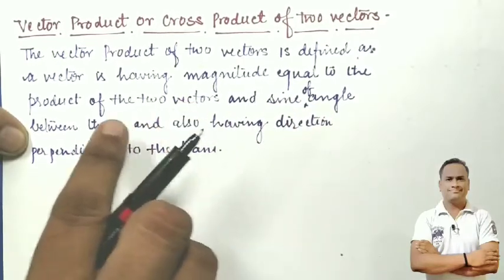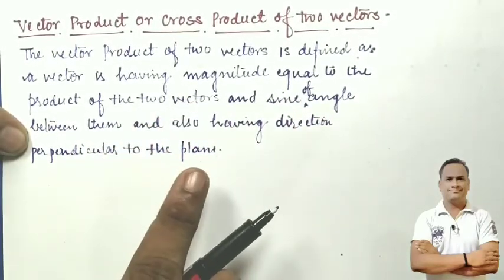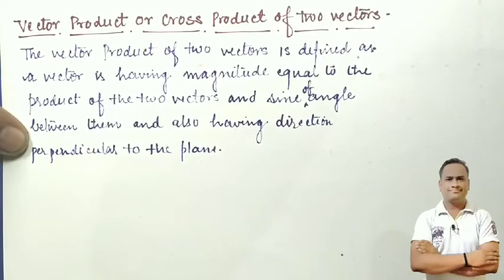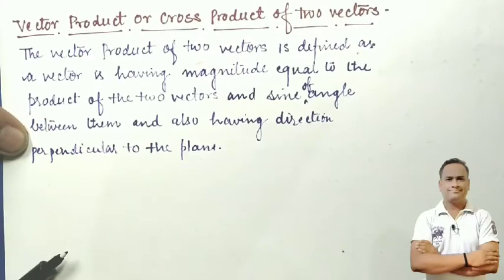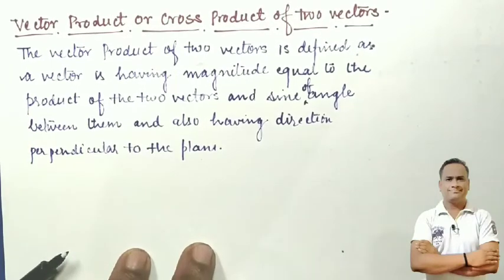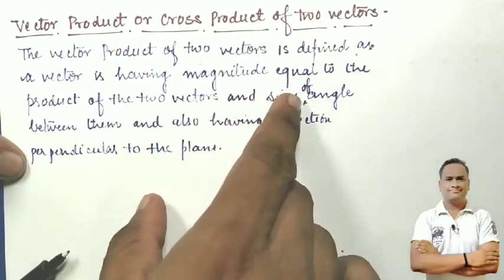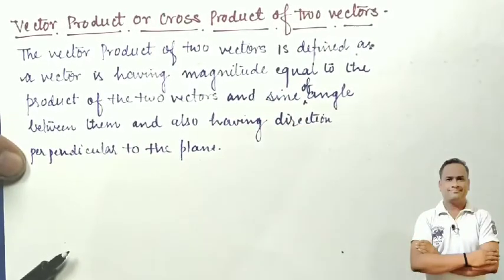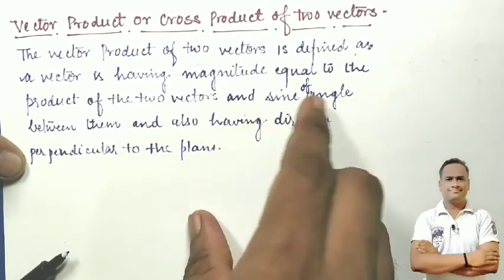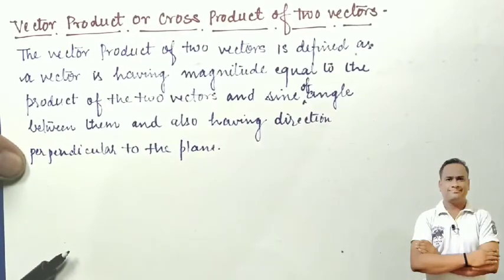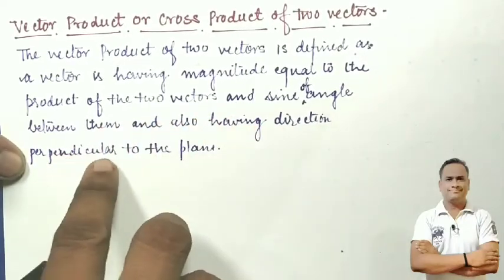When we take the sine component of a vector, we know that there are two rectangular components of a vector, cosine and sine. We take cosine in the horizontal direction, and sine when they are in the vertical direction. So here we are taking the sine of the angle. It means that the resultant will come along the vertical axis. That's why their direction is said to be perpendicular to the plane.